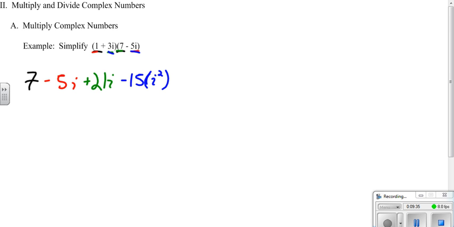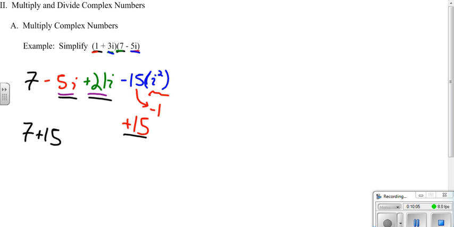Okay, now from here we want to combine our like terms, but we also want to realize that, like Renee said, i squared is actually negative 1. So negative 15 times negative 1, this is actually a plus 15. Working from here, we have 7 plus 15.